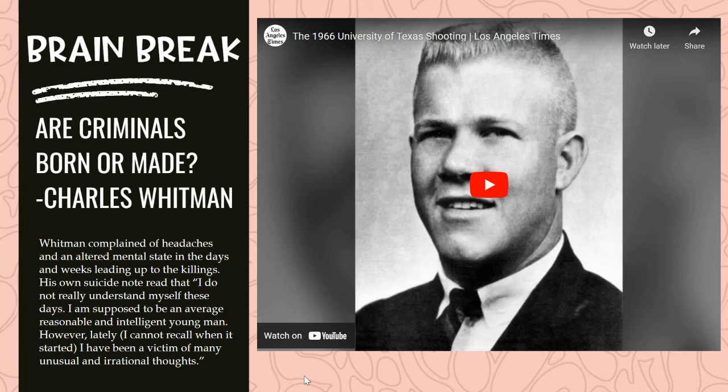So this person, Charles Whitman, was involved in a 1966 University of Texas school shooting. What he said was that he started having all these unusual, irrational thoughts, that he started having headaches, all of these things. So this kind of caused a debate because people were like, okay, well, this is clearly a disorder, right?